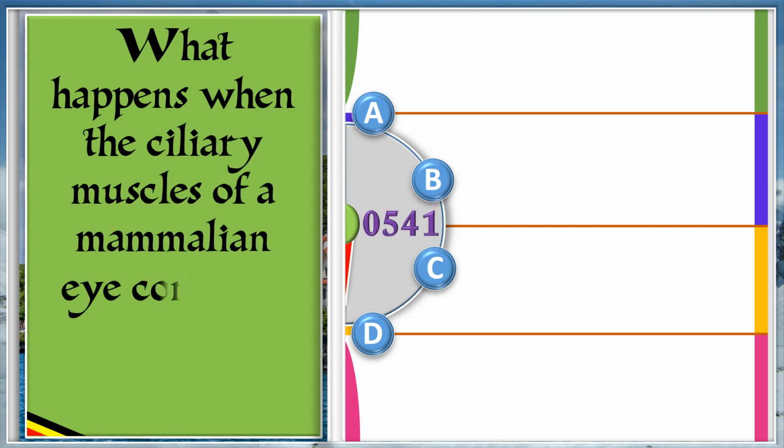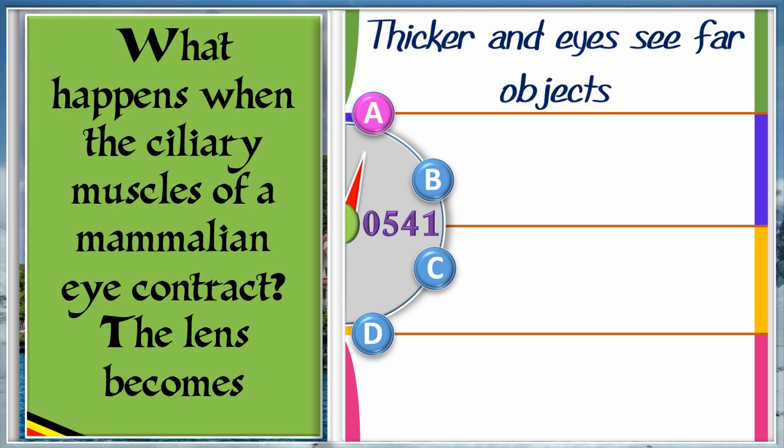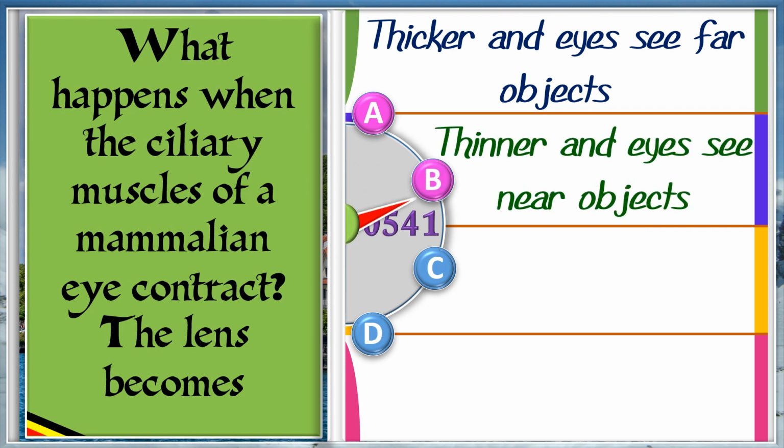What happens when the ciliary muscles of the mammalian eye contract? The lens becomes A. Thicker and the eye sees far objects. B. Thinner and the eyes see near objects.